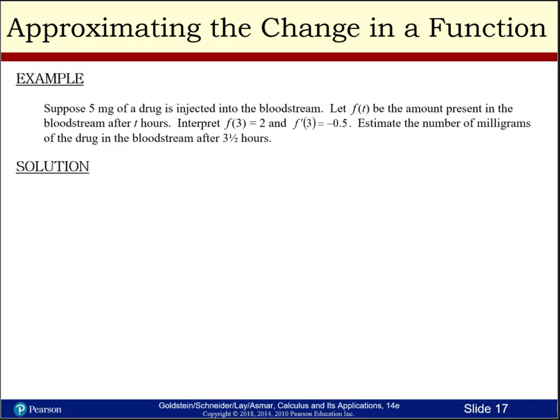So let's suppose 5 milligrams of a drug is injected into the bloodstream. Let f of t be the amount present in the bloodstream after t hours. We need to interpret what f of 3 equals 2 means, and what f prime of 3 equals negative 0.5 means. We're going to estimate the number of milligrams of the drug in the bloodstream after 3.5 hours.